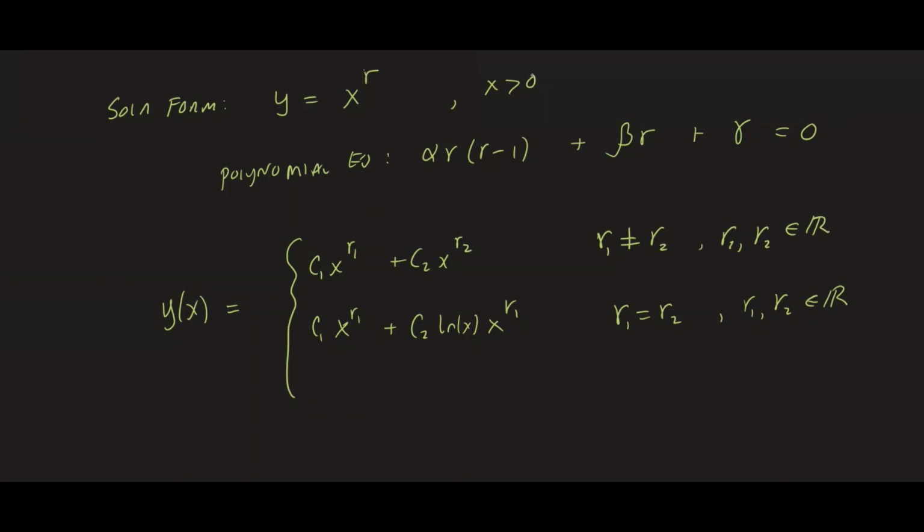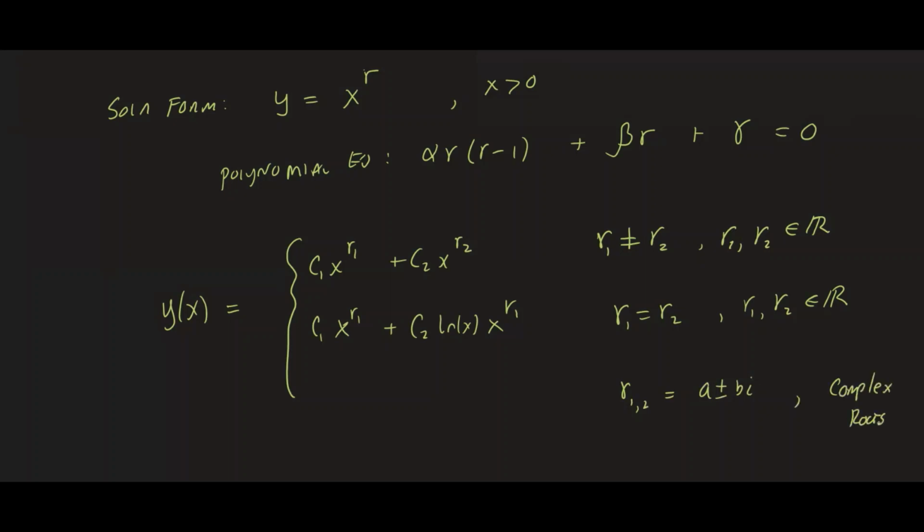Now, the third case we can have would be, what if r is a complex root? So we can say that r1 and r2 are complex conjugates, so say a plus and minus bi. So you have a complex root.